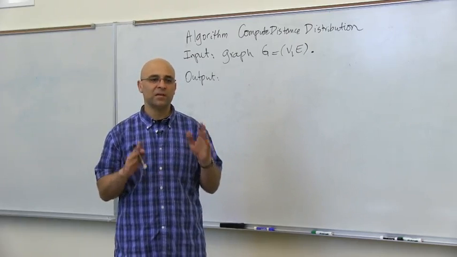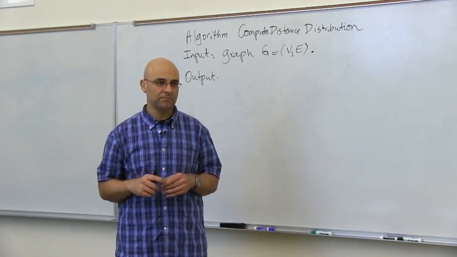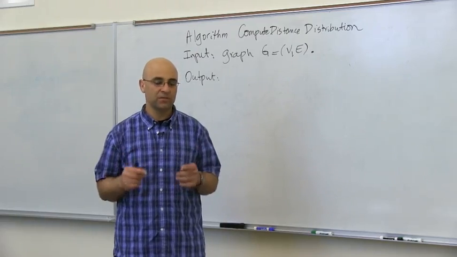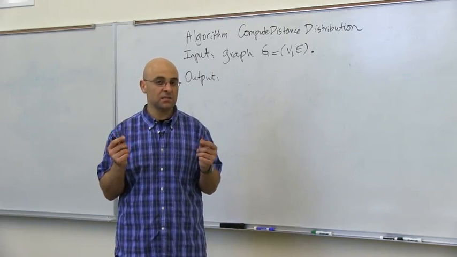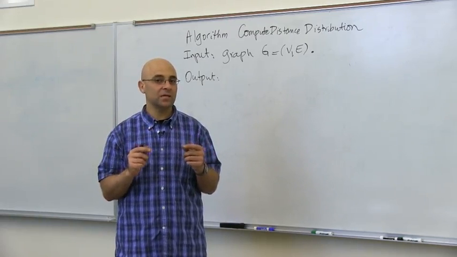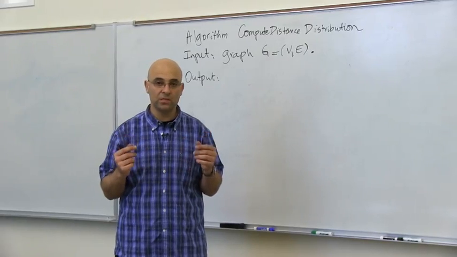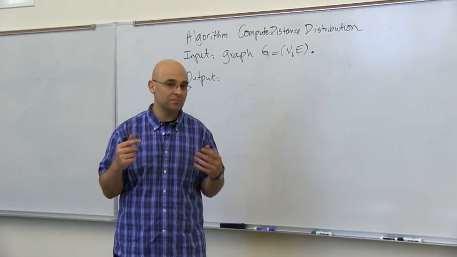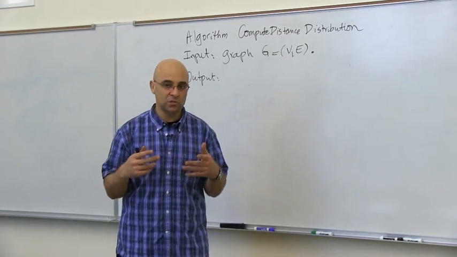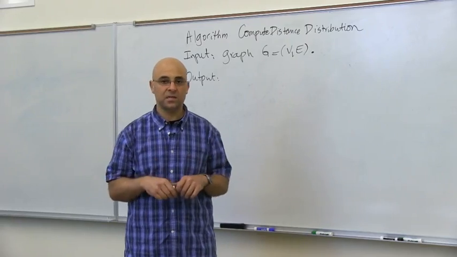So if you have only one node in the graph, the distances you're going to see are 0. If you have two nodes, either there is no path between them and all the distances are 0, or they are connected by an edge and the distance is 1, which is 2 minus 1. If you have 3 nodes, for any pair of nodes, the maximum distance that you can have is 2. If you have n, it is n minus 1.